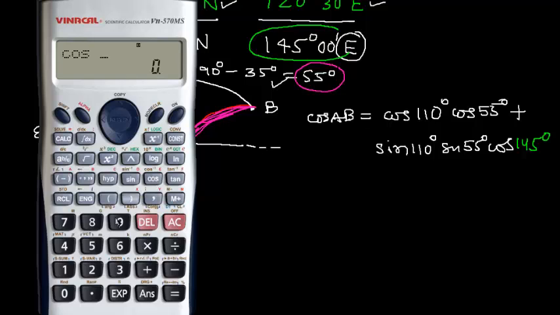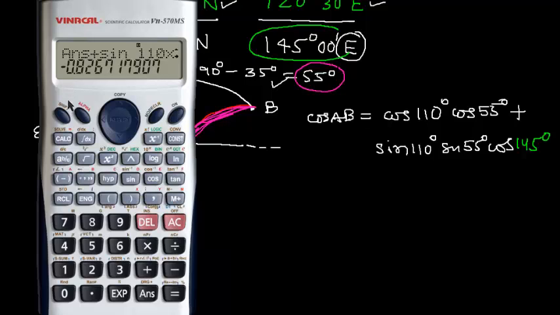So let's punch in cos 110 multiplied by cos 55, is equal to this, plus sine 110 into sine 55 into cos 145.